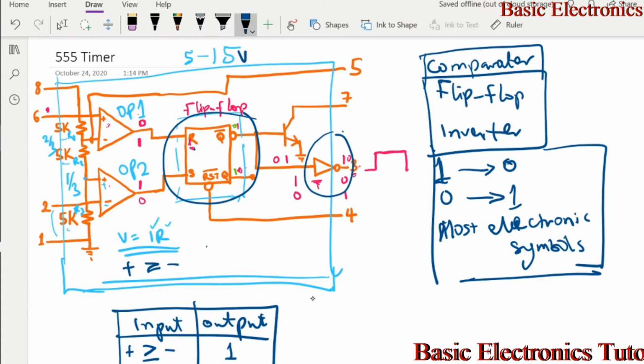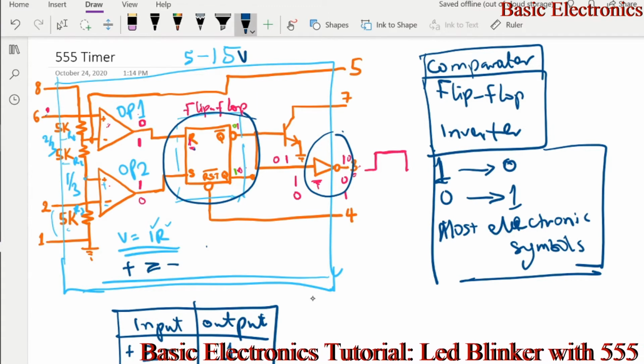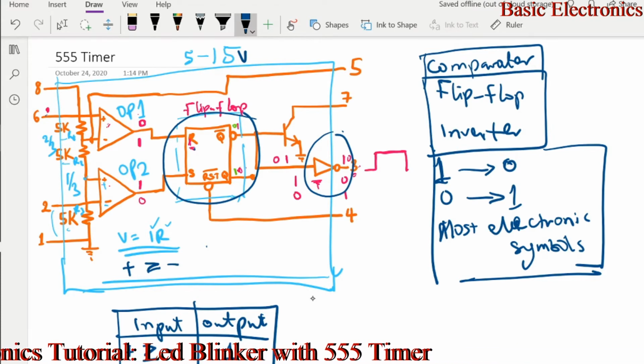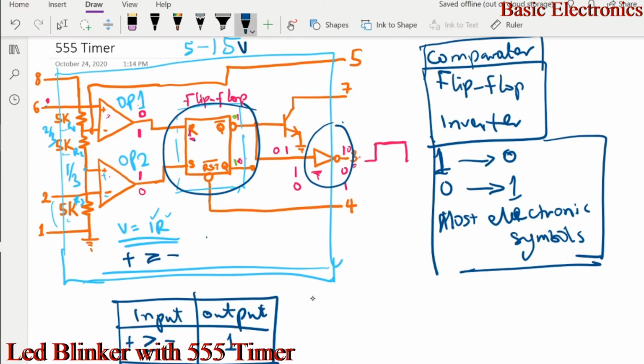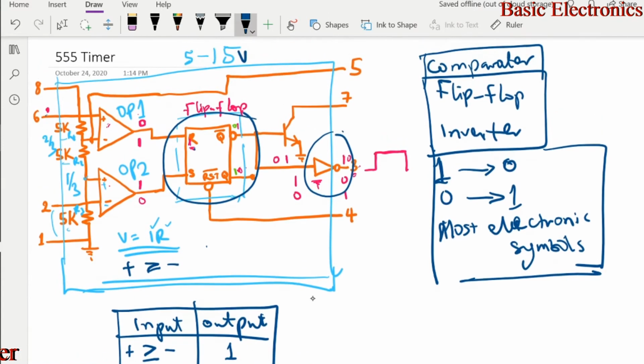By the time that pin 6 gets to 2/3 VCC, it guarantees that the non-inverting input and inverting input of op amp 1 are equal. Remember, by the table, if they are equal, the output is high. So this output is 1, which is used to reset the flip-flop. When this is reset, the Q output is 0 and the not Q is 1.